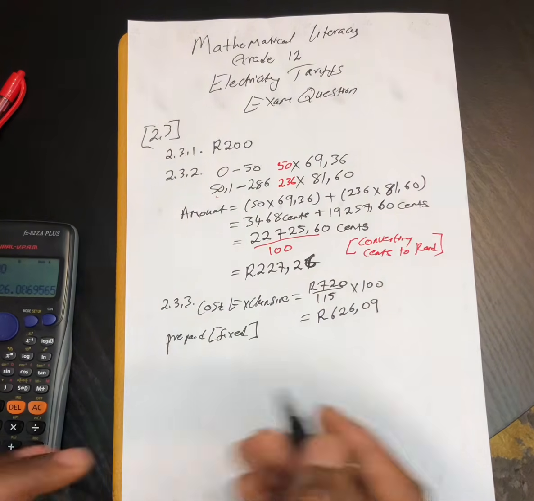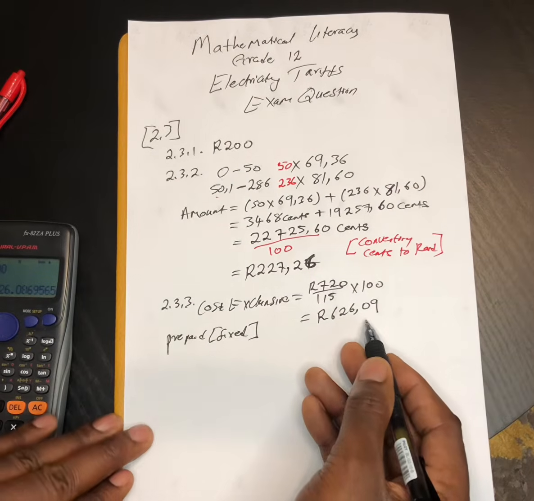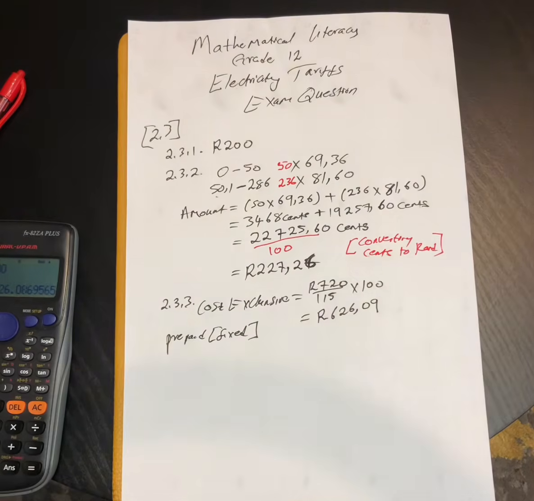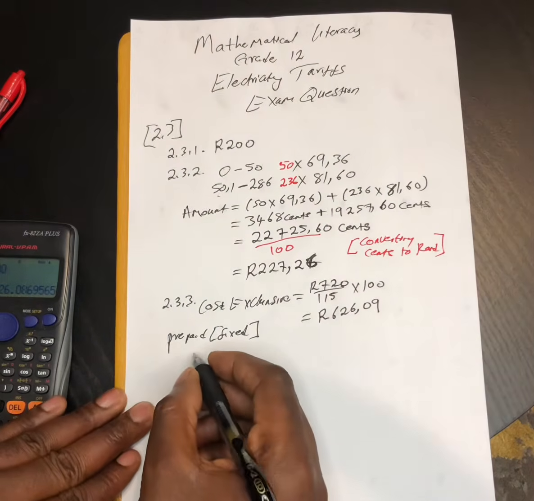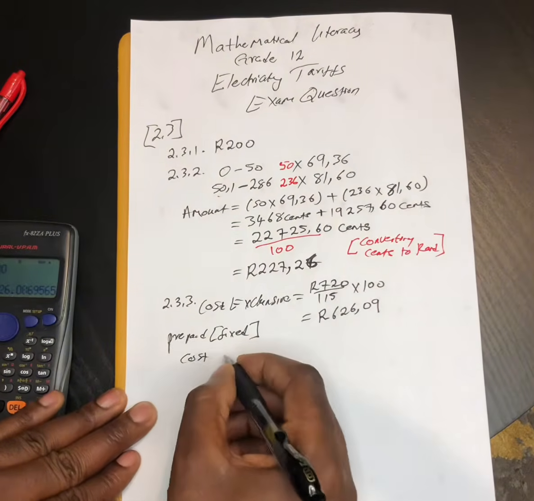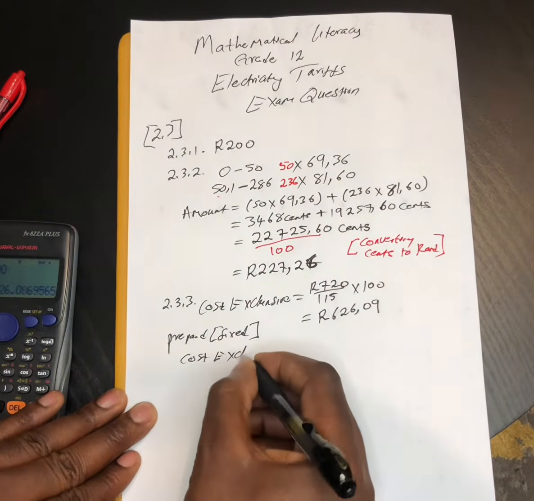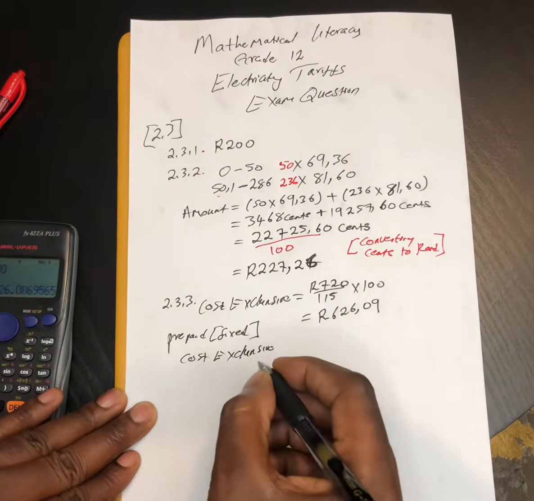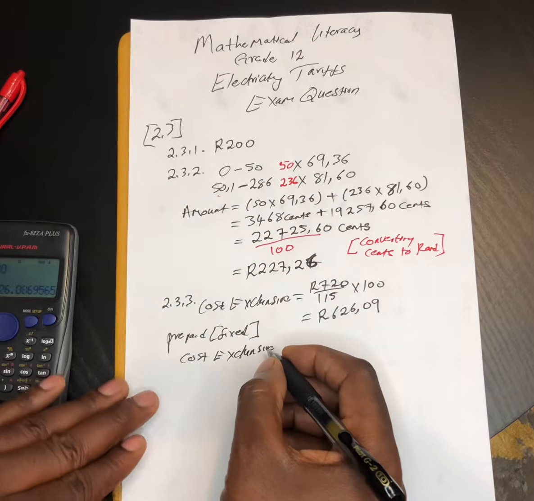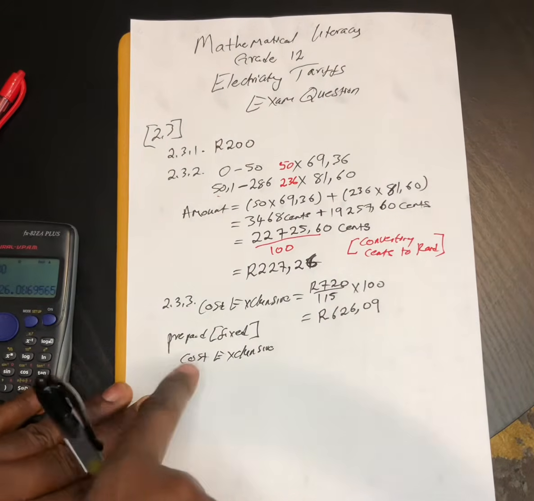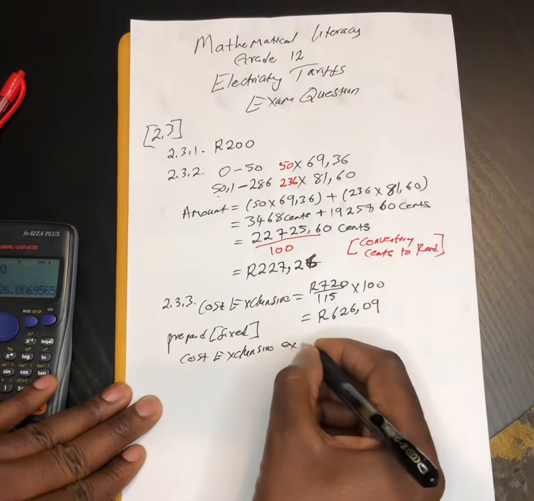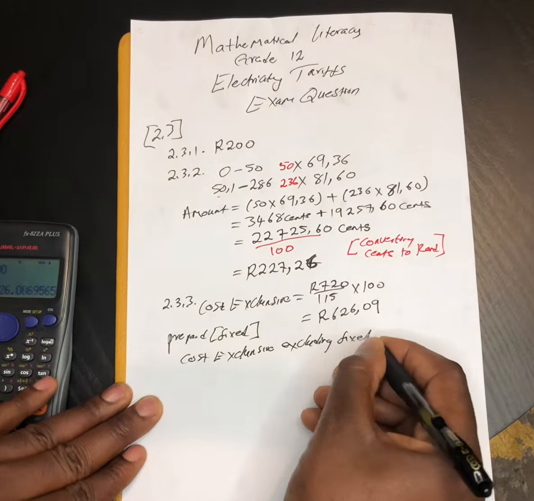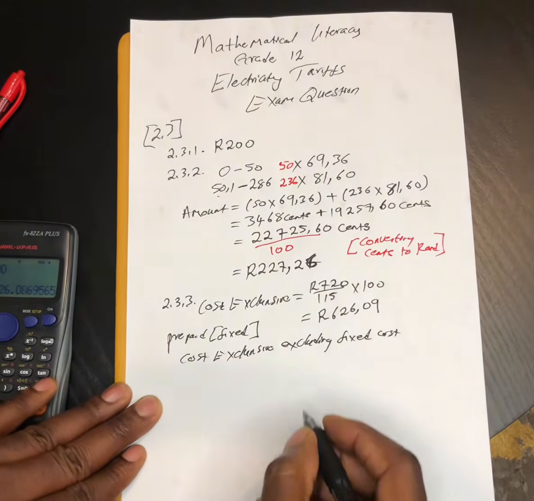So what we need to do from this amount, let's make sure that we remove that fixed monthly cost. So we are going to say cost exclusive, excluding fixed cost. We want to exclude fixed cost.